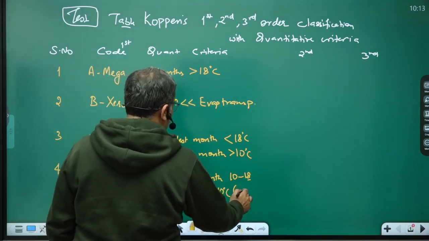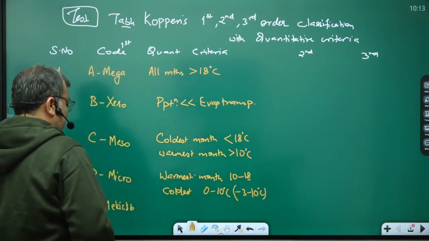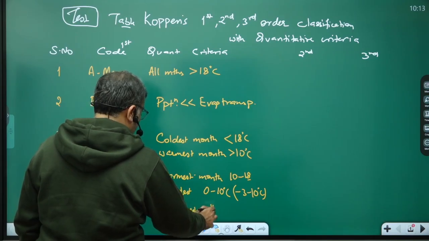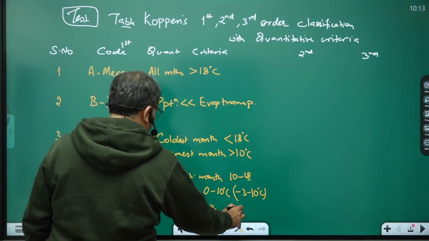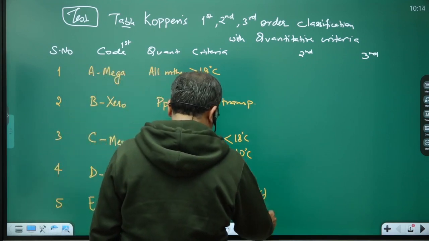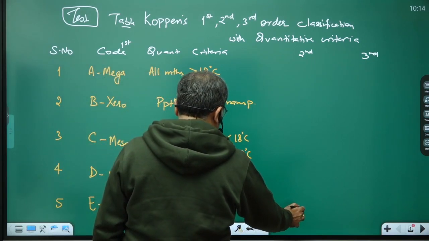In some books, you will find -3 to 10 degrees Celsius. Yes. And in this, we said warmest month is, and your coldest is much less than 0.